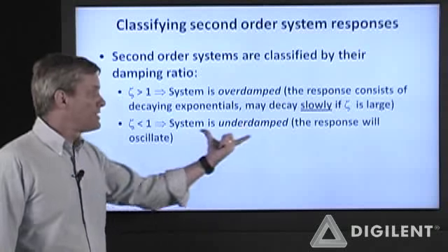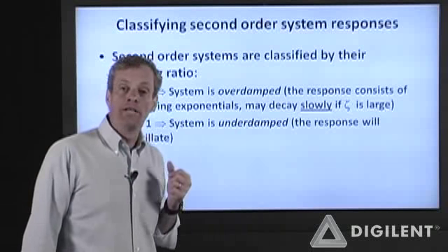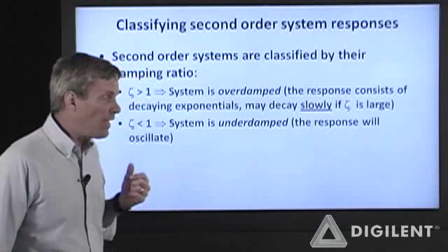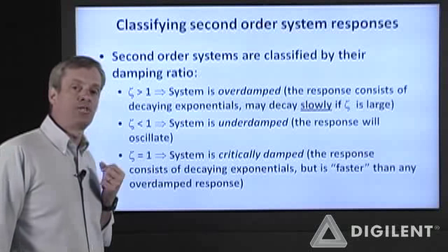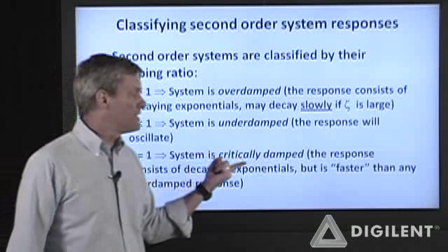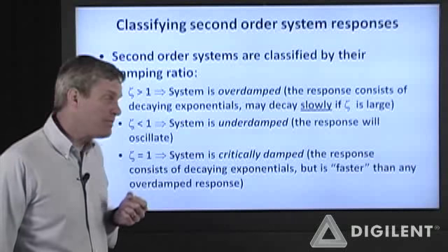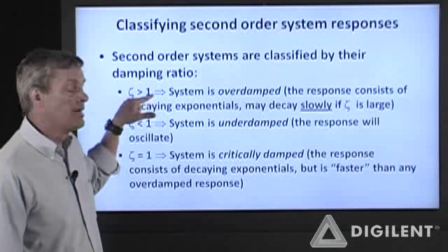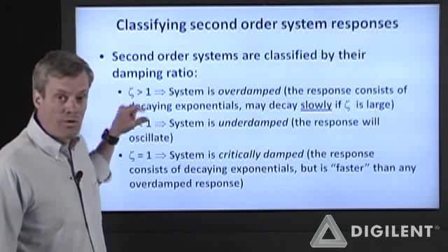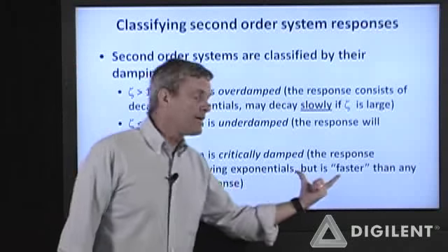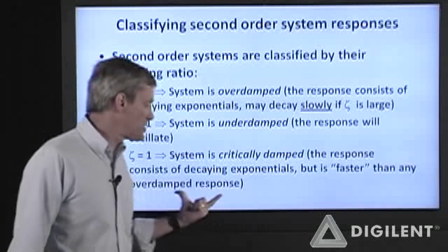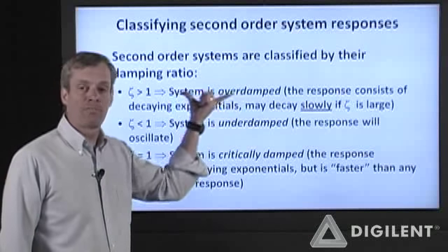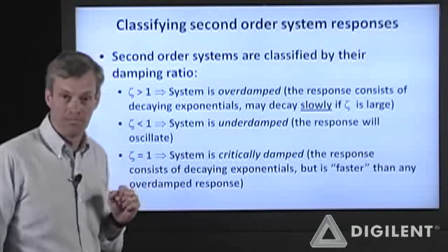This is considered to be an underdamped system. Now, in the special case where the damping ratio is exactly 1, the system is said to be critically damped. The response is a decaying exponential, the way it is for squiggle greater than 1, but it decays faster than any overdamped version of the system.